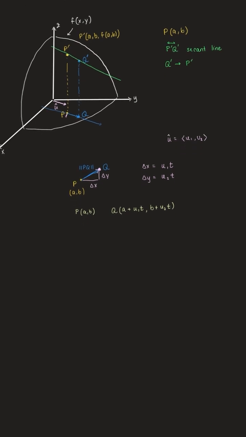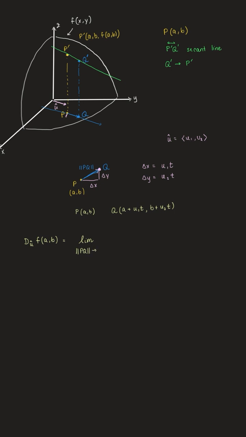All right, so our directional derivative, which we'll denote D with a subscript of u, of our function at our point P, so at A, B, will be the limit as the magnitude of PQ goes to 0.